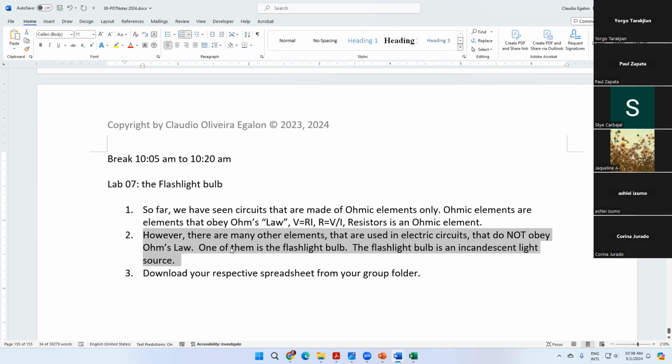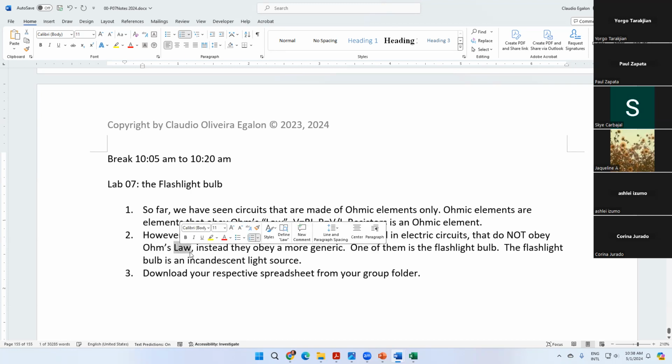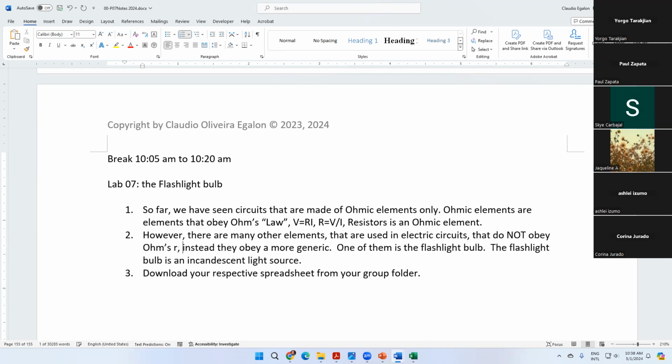They obey a more generic relation. Instead of law, let's put relation. I hate when scientists call something a law that is not a law, and this error keeps on propagating in the books, just for convenience, I guess. I don't like it.